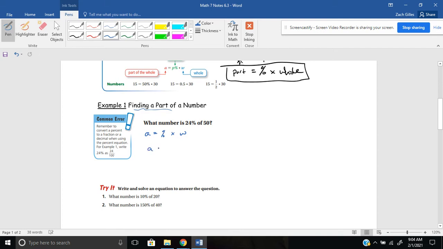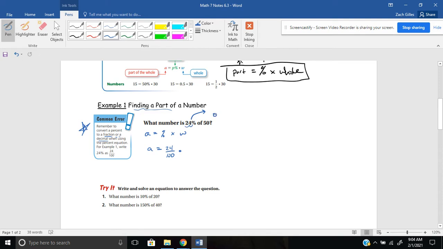A equals my percent, which I know is 24%. And a good reminder here says to remember to convert a percent to a fraction or a decimal when using the percent equation. For example, write 24% as 24 over 100. You could also make any percent into a decimal by moving the decimal 2 places to the left.